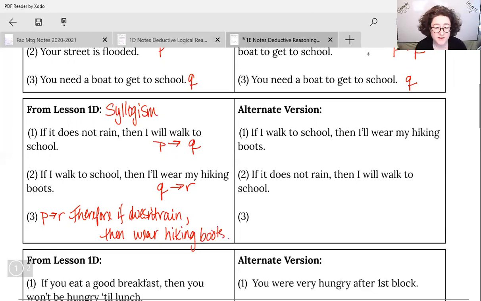We can still come to a valid conclusion. So again, that was one of our examples from the last video. So a way that we could do this alternately, again, read the alternate version and see what I changed.